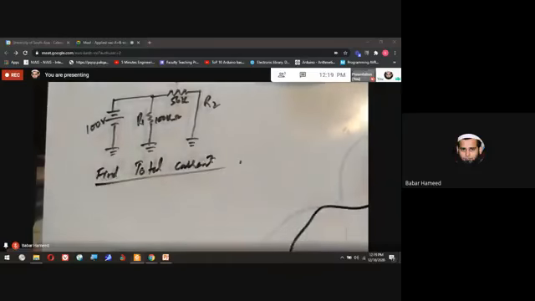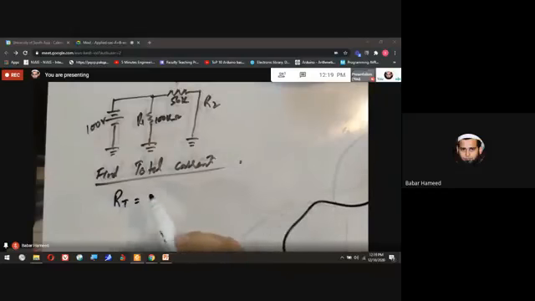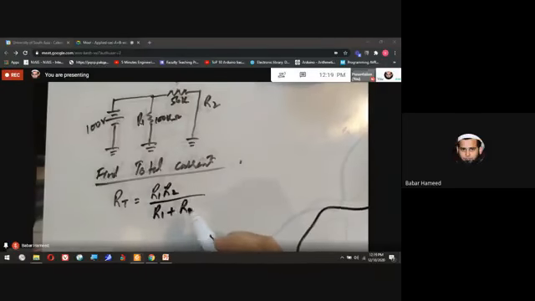We have multiple plans of action for this. One plan of action is to find total resistance RT. We have recently learned a special formula for two resistances in parallel. That formula finds total resistance by multiplying both and dividing by their sum.